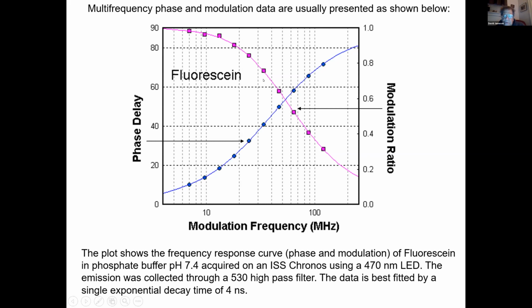It would start at 1 and goes down and down as we go to higher frequencies. So in this case, these are the actual data points for fluorescein in buffer. And the bottom of my screen's blanked, but I believe it's like 4.1 nanoseconds or 4.05. But those are the solid lines that go through that.